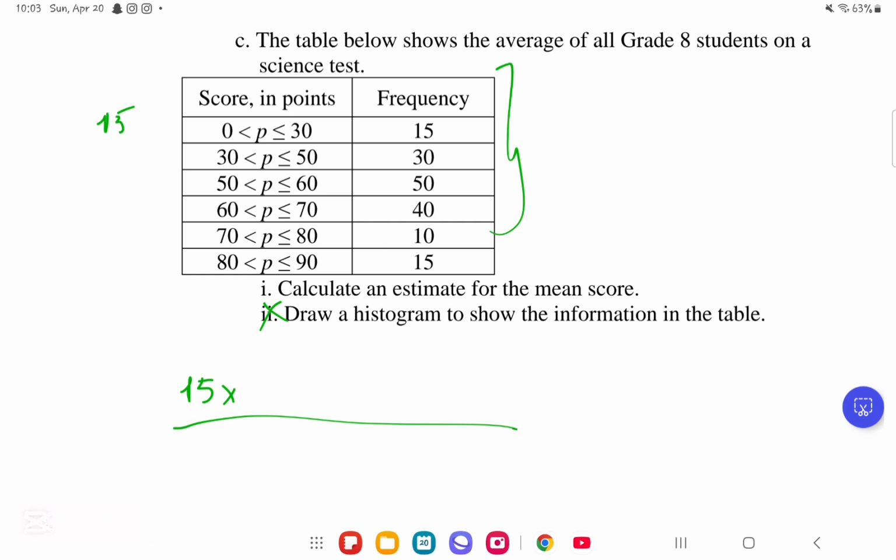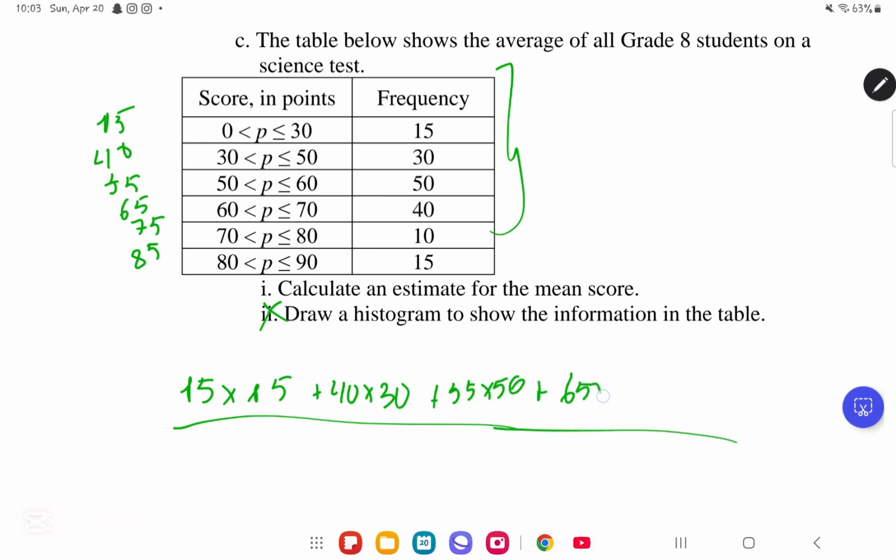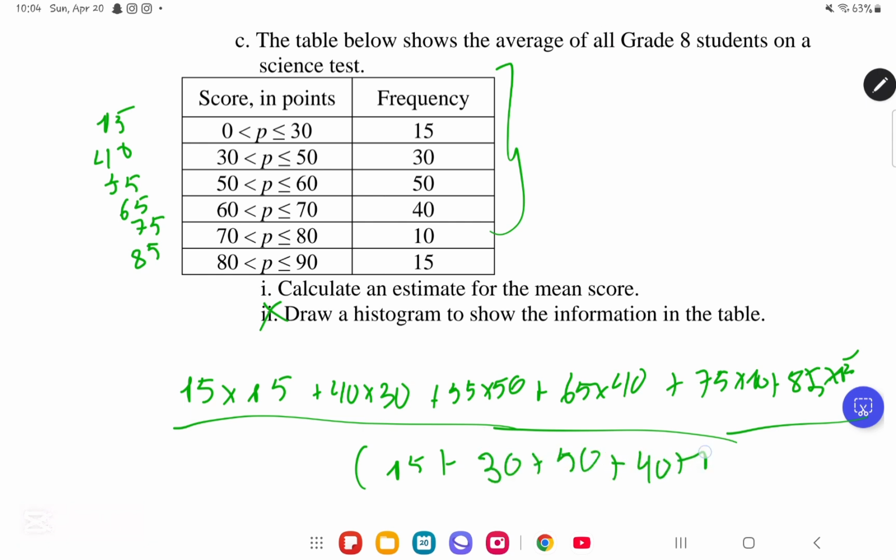Then 50 plus 30 divided by 2, 40. Here 55, 65, 75, and 85. So 15 times 15 plus 40 times 30 plus 55 times 50 plus 65 times 40 plus 75 times 10 plus 85 times 15, over the total frequency, which is 15 plus 30 plus 50 plus 40 plus 10 plus 15.